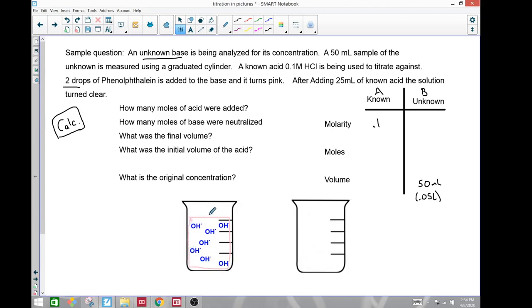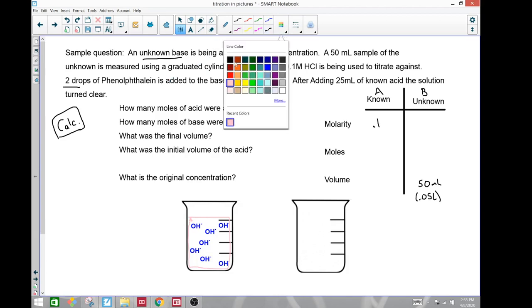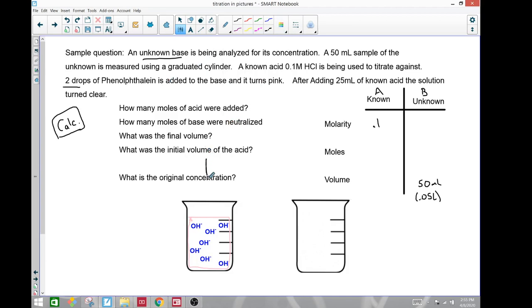Okay, so let's see. After adding 25 milliliters of the known acid, the solution turns clear. So what we're looking at here is this. They started titrating into this with their burette, a little valve here, and they're dropping in the H plus ions.